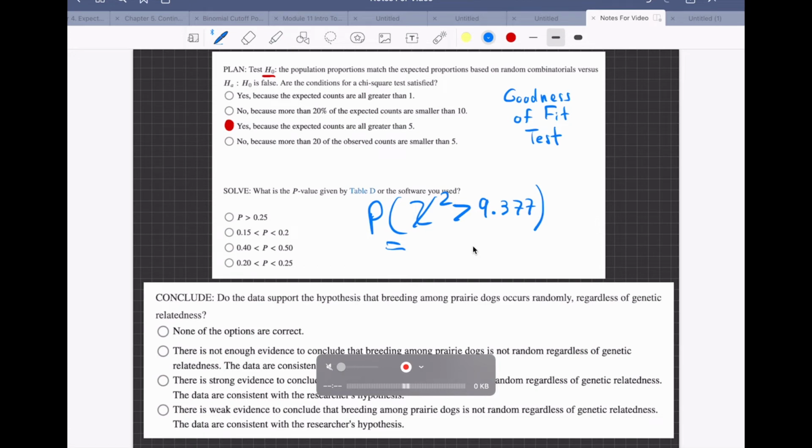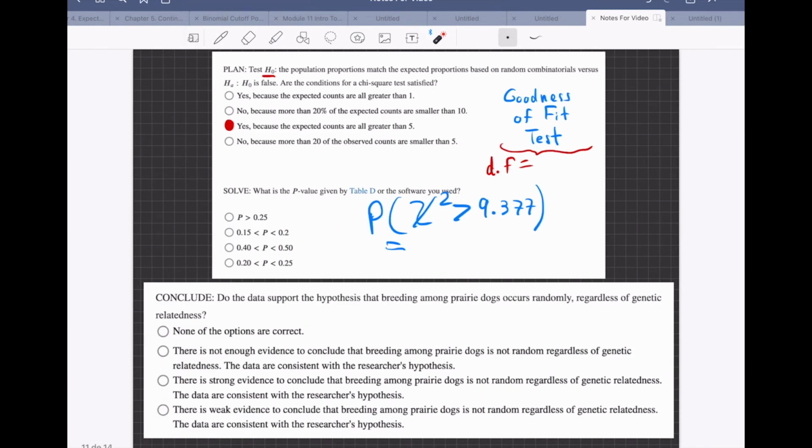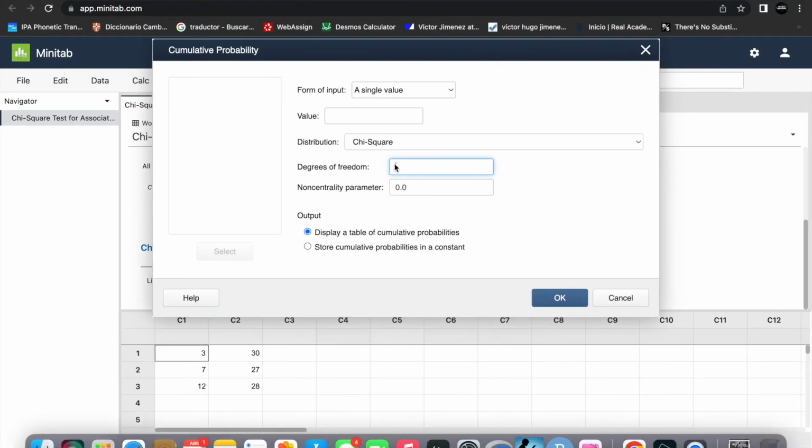For goodness of fit, the degrees of freedom are equal to the number of categories minus 1. In this case, 1, 2, 3, 4, 5, 6, 7, 8. 8 minus 1, so the degrees of freedom is equal to 7. That is the value we have to specify here.